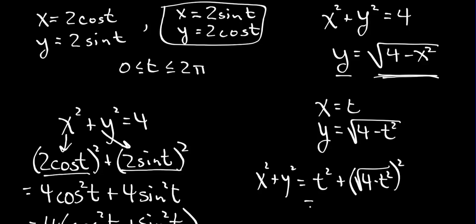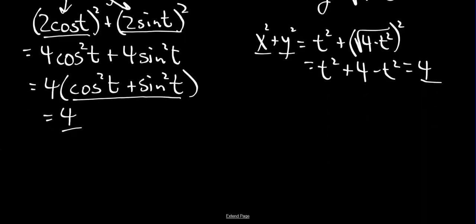And let's see what that equals. Well, this is t squared plus 4 minus t squared, and that equals 4. So yeah, x squared plus y squared does equal 4, and that's what should have happened. So you can see, yeah, this parameterization works also.